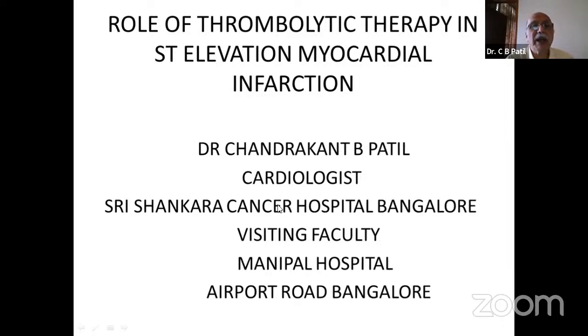So I want to touch upon the STEMI part of it because even unstable angina, non-STEMI, sudden cardiac deaths, they are all part of the acute coronary syndromes. I'm just going to touch upon the role of thrombolytic therapy in ST elevation myocardial infarction.